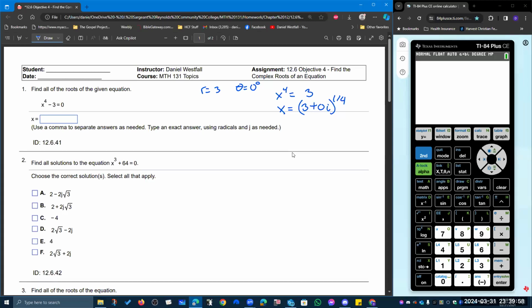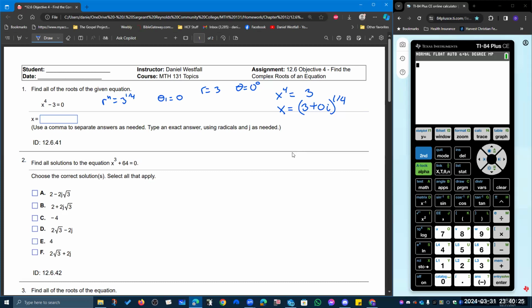And so that means that my r to the n is going to be 3 to the 1/4, and theta 1 here is going to be a fourth of 0, which is 0.